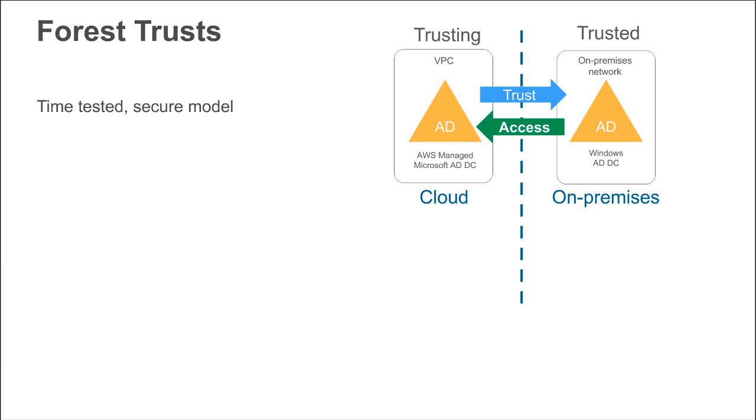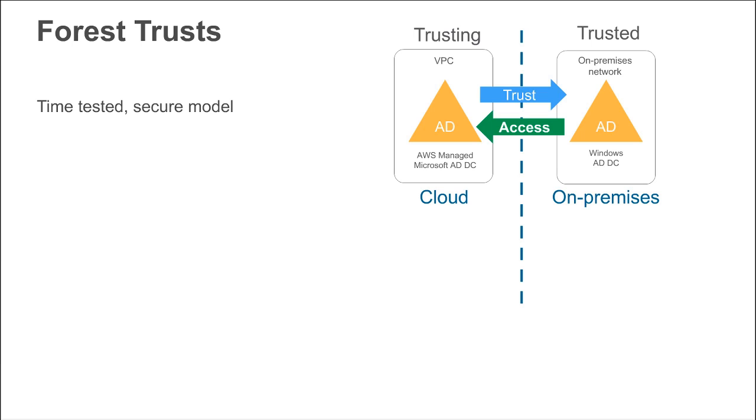Now, trusts are a time-tested and secure model for connecting two forests together and allowing resources to be shared between two different forests. In this particular case, it's different than the classical use, back when Active Directory first came out, which was about doing trust between companies or between acquired businesses.